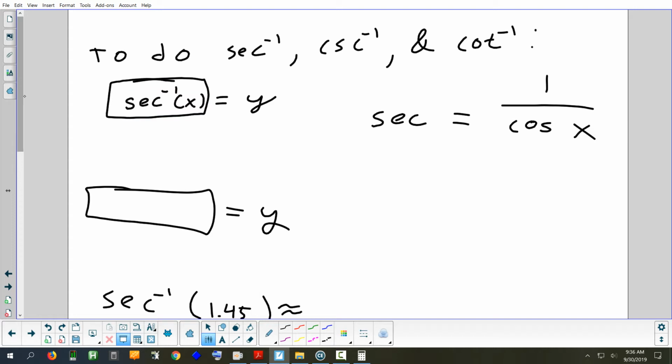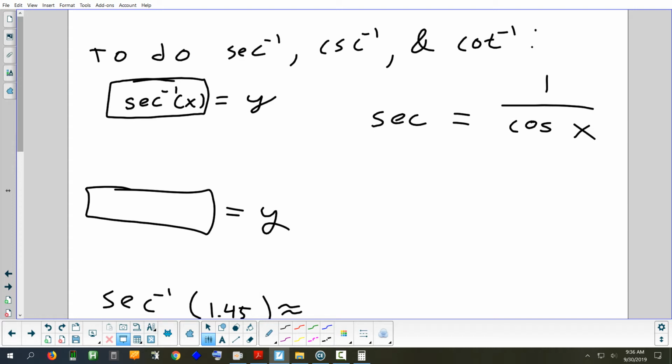All right, first thing I need to do is rewrite this by getting rid of inverse secant. What trig function do you think would cancel out inverse secant? Like we saw that cosine cancels out inverse cosine, or they're opposites. Sine and inverse sine, opposites. Inverse secant and regular secant.